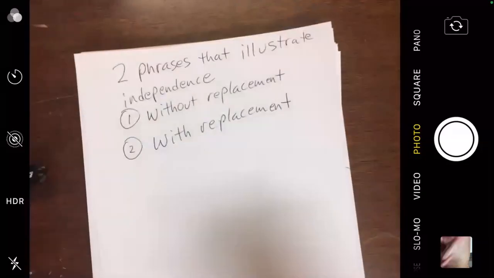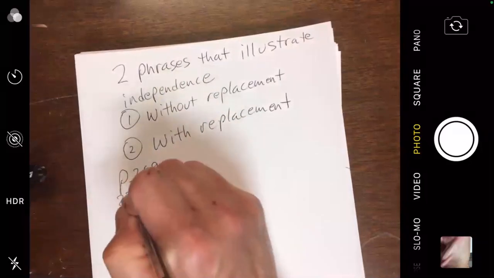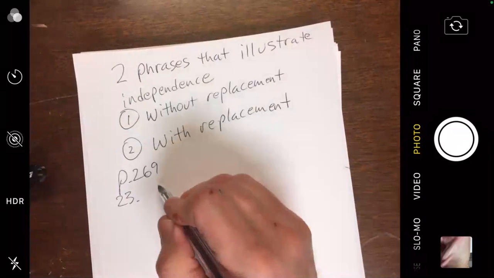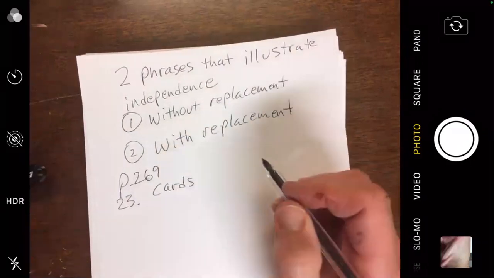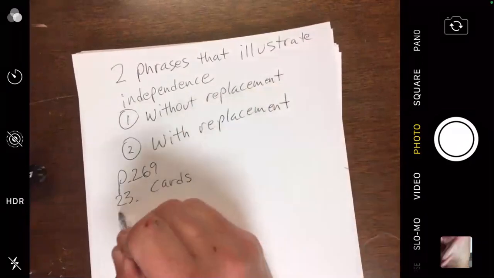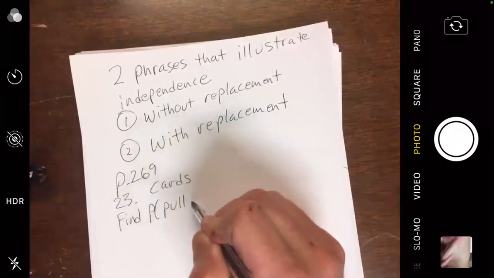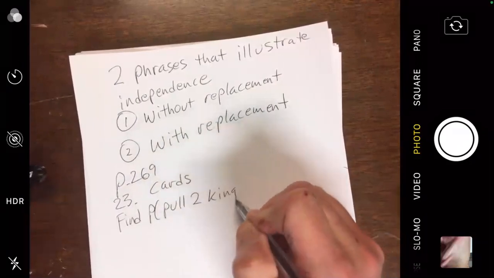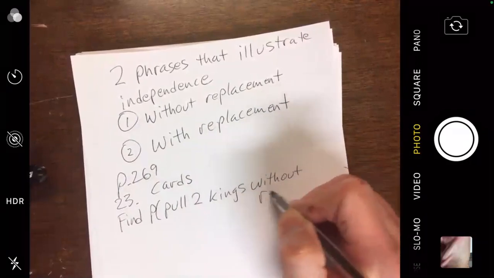Okay, so let me illustrate this, page 269, 23. This is with cards. Find the probability you pull 2 kings without replacement.